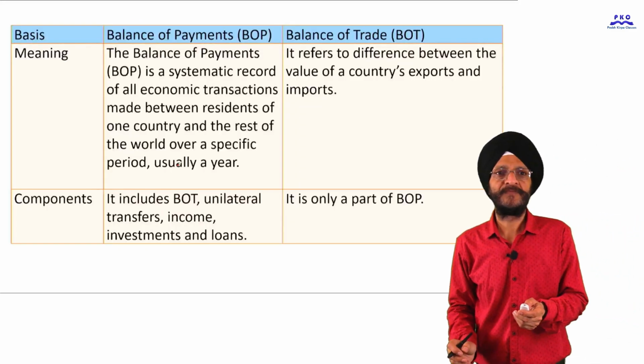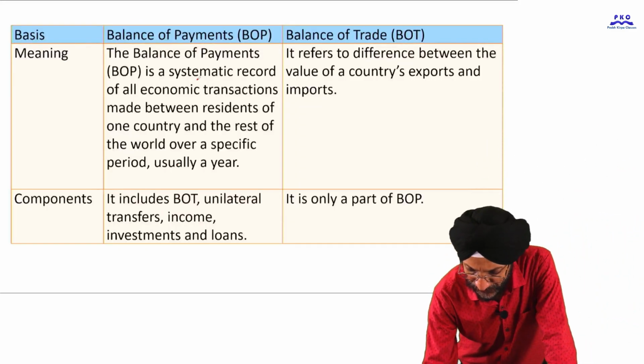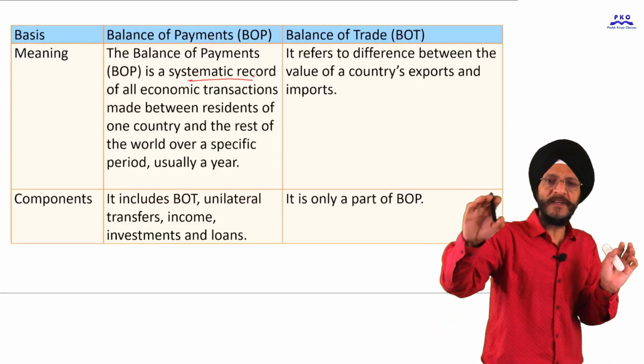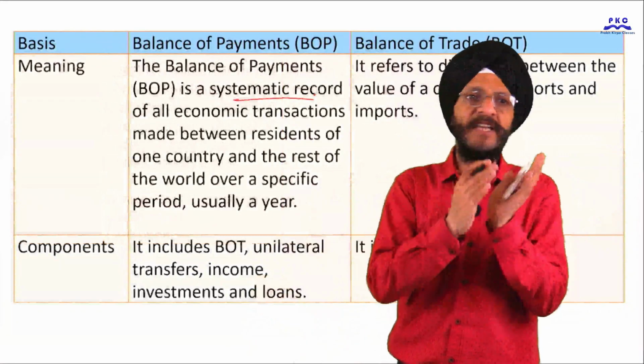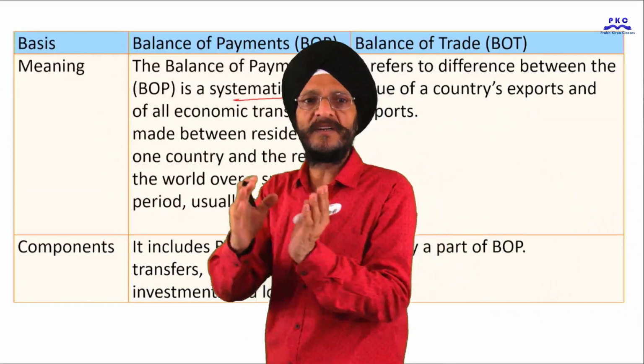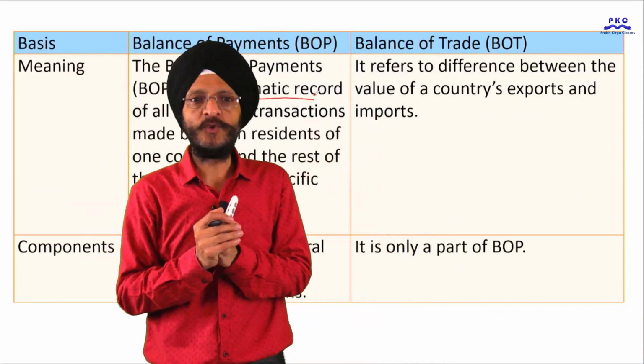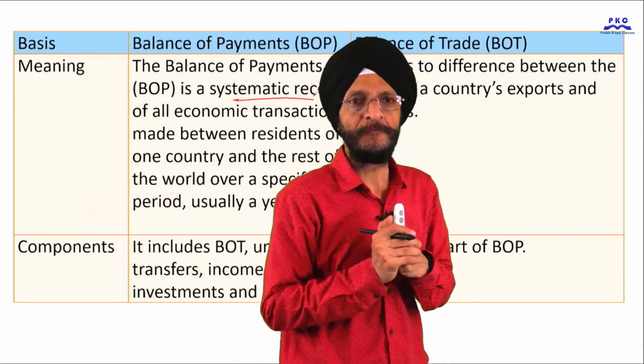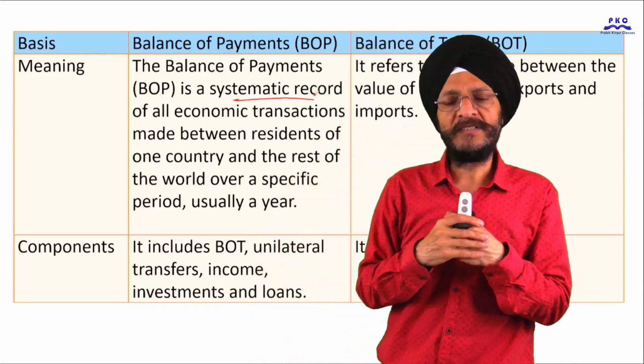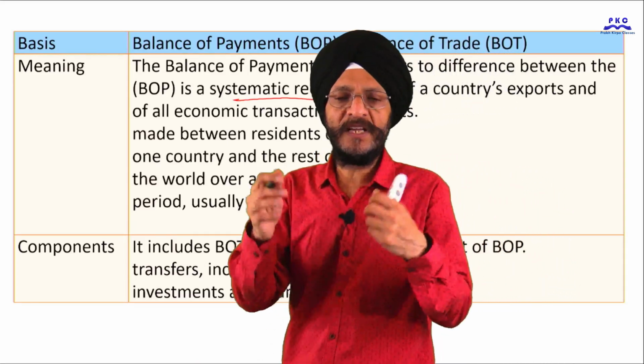Let us see. The balance of payment is a systematic record of all economic transactions which take place between the residents of one country and the rest of the world for a specific period. We have already discussed in detail the meaning of residents.